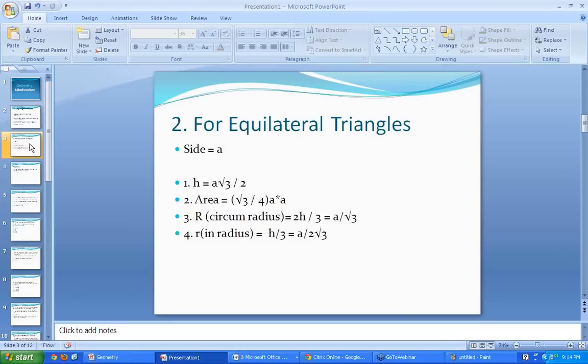Now there are 2 things, circumradius and in radius. I'll explain this part.